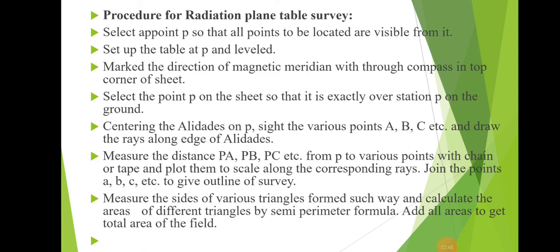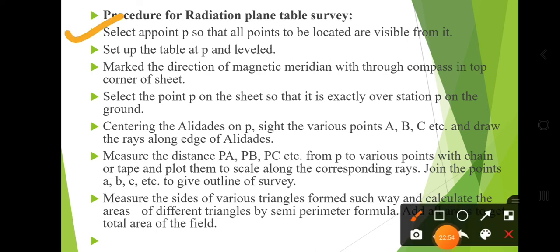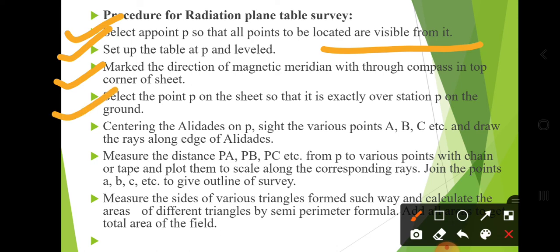Then this is the procedure given here. To follow that procedure, select the point P so that all points to be located are visible from it. Set up the table at P and level it. Mark the direction, then centering, alidade, measurement of distance and scale.